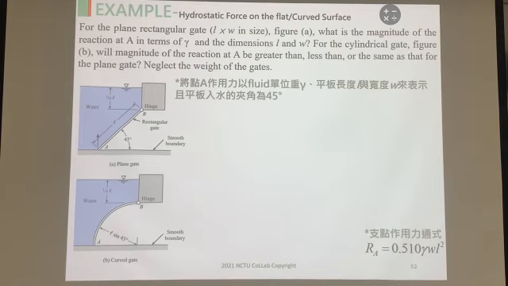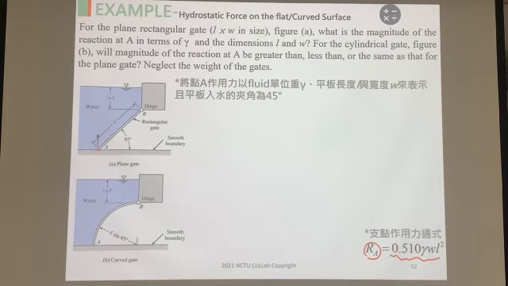Maybe I will very quickly introduce the exercise. As you see, this follows the flat surface, but the exercise doesn't want you to tell us the true answers. The exercise just provides the final formulas. As you see, the reaction force at the A point, and if your plate has an angle of 45 degrees, what is the reaction force at the A point?